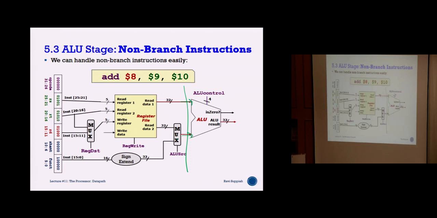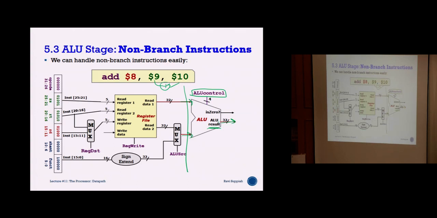So in this execution stage, all we are going to do is pass the data to my ALU, let it do the operation based on whatever I supply to my ALU control, and after that I get a result. For non-branch instructions, no problem. For example, if I do an add operation, the result comes out here already.